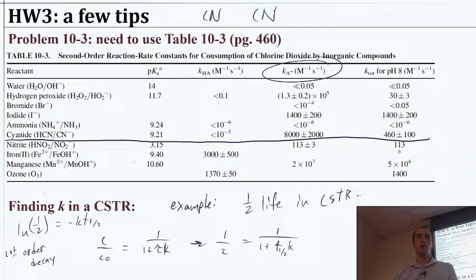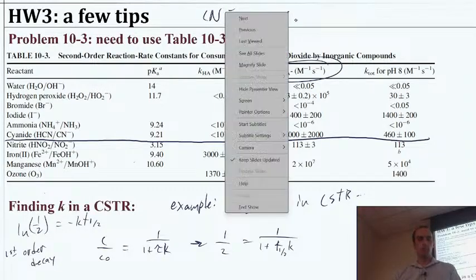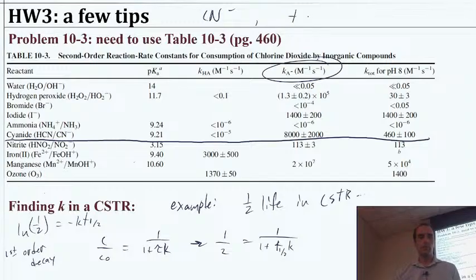I guess, sorry, not 3. We're showing 3 different rate constants here, and I'll explain why. We have CN minus, cyanide, and we have HCN. We could also say we have a total cyanide as the sum of those 2.